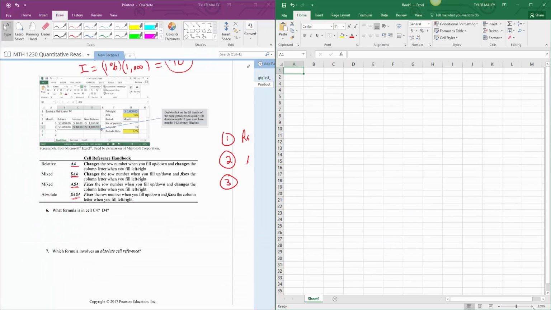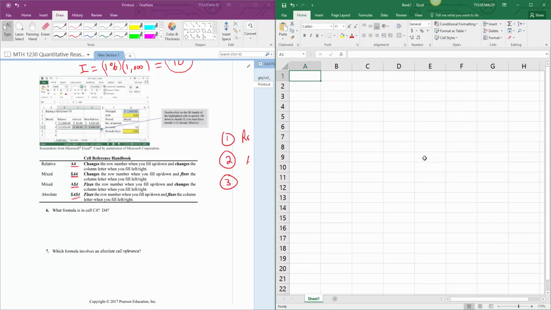All right, let me zoom in. I'm going to replicate this screenshot. In cells A1 and B1, it looks to be merged, so I'm going to merge these two. Remember, we can highlight those cells and hit Merge & Center to combine them into one box.